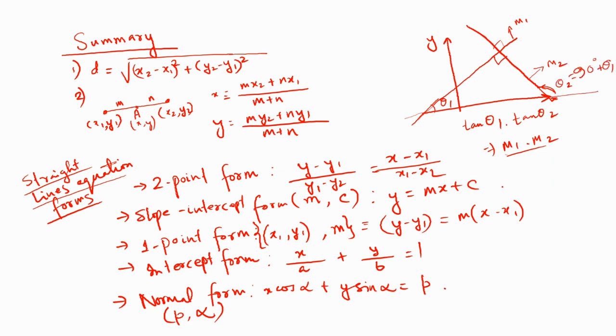That is because an exterior angle is equal to the sum of the two opposite interior angles. So from here, what is tan theta 2? Tan theta 2 equals tan of 90 degrees plus theta 1. We will cover it in geometry, but I can give you a brief here. Say 90 degrees is multiplied by 1.